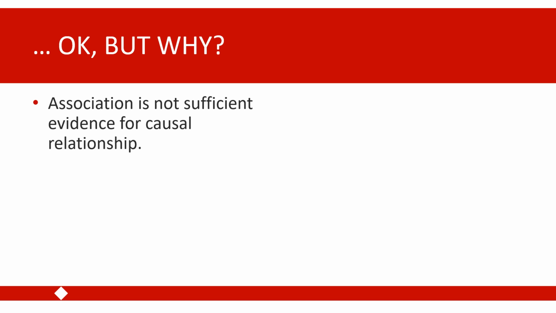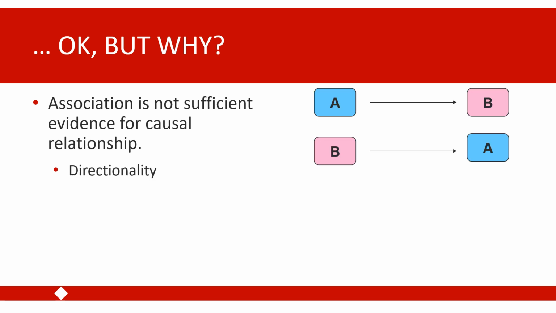Why can't showing a correlation tell us that a variable is causing the other variable that it's correlated with? Well, one reason is that a correlation coefficient cannot tell us about the direction of the association between two different variables. It can't tell us whether variable A is causing variable B, or whether variable B might be causing variable A. If we think about the association between sleep and well-being, it's possible that getting more sleep causes higher levels of well-being.